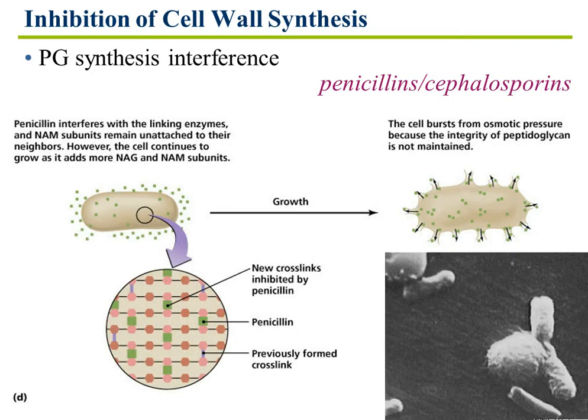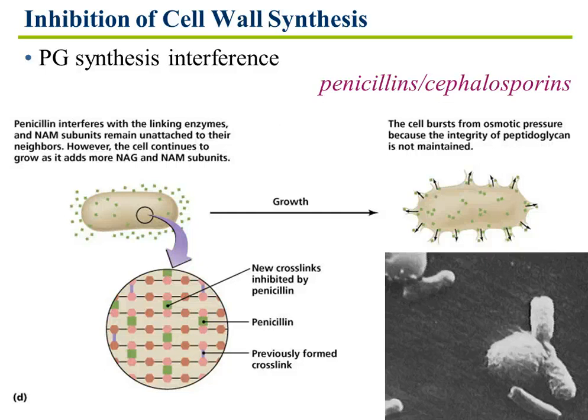Okay, so let's talk about cell wall synthesis. This is the penicillin family. Everything in the penicillin family works exactly the same. Remember, peptidoglycan. It's in the walls of almost all bacteria. It's in gram-positive walls, it's in gram-negative walls, but there's more of it in gram-positive walls because gram-positives have more PG.